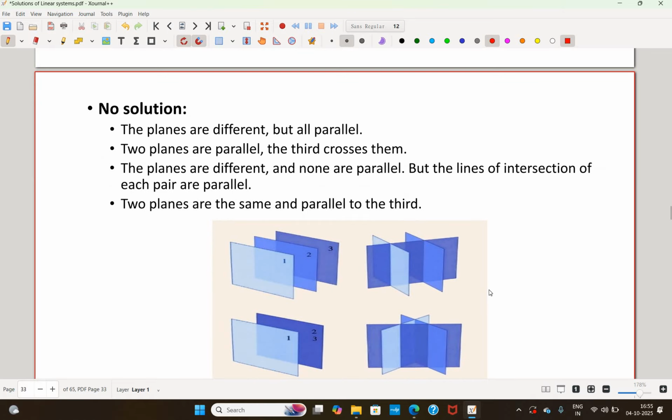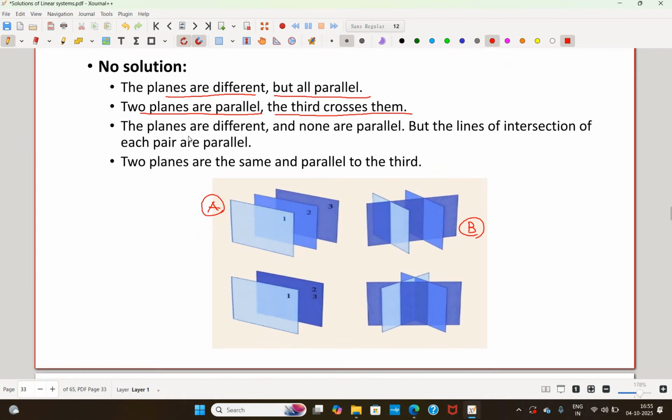And no solution, we are having these many options for no solution. The planes are different but all are parallel like this figure A. So we don't have any solution to this. Two planes are parallel and the third is crossing them. So this can be the pattern. So no solution to the system together, we can say.